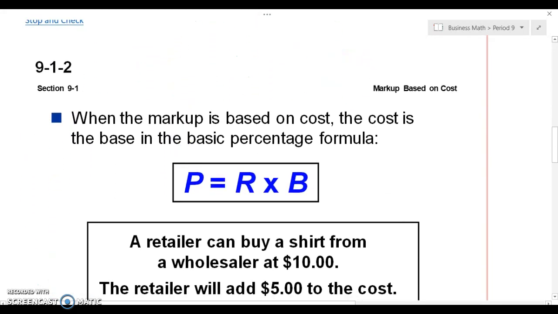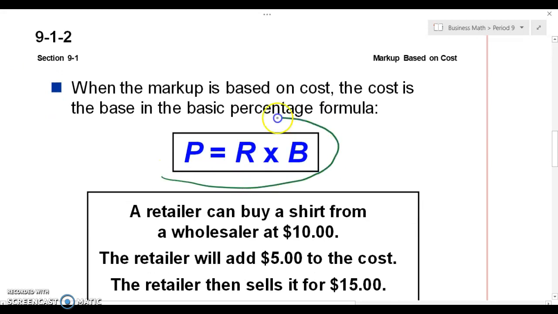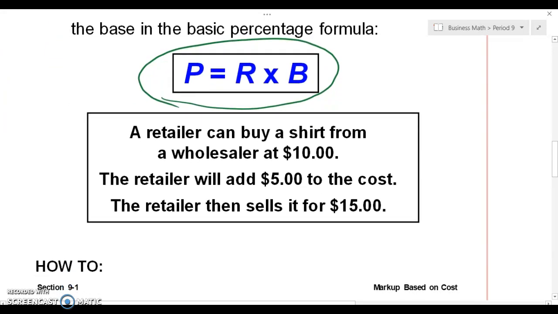Okay, moving on. When markup is based on the cost, the cost is the base in the basic percentage formula. So here is this formula again. We said PBR, PRB is the same thing. So the situation, it says, what if a retailer can buy a shirt at $10? The retailer will add $5 to the cost.